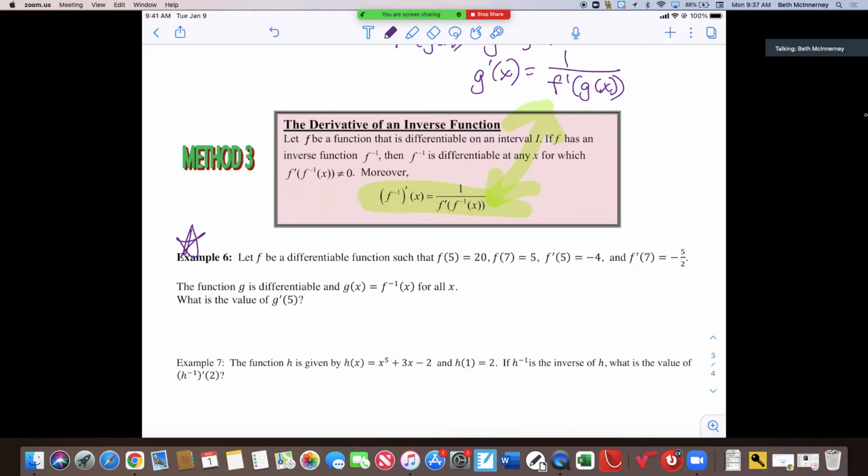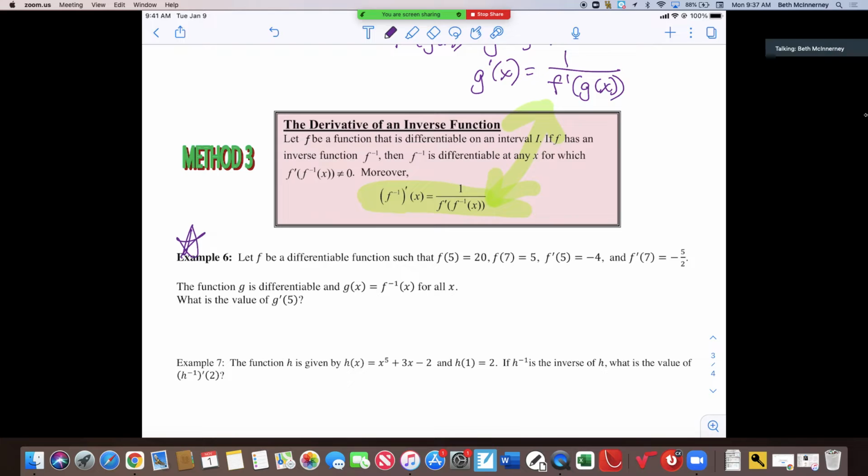Let f be a differentiable function such that f of 5 is 20, f of 7 is 5, f prime of 5 is negative 4, f prime of 7 is negative 5 halves. The function g is differentiable, and g is the inverse of f. What is the value of g prime of 5?